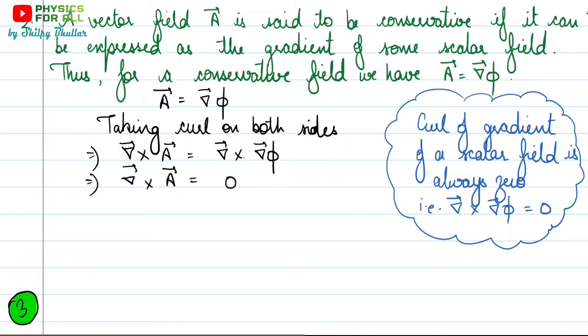And also, this is the cross product of del and del. It means if the same vector has a cross product with itself, it's always 0. We have done this when we were studying dot products and cross products.